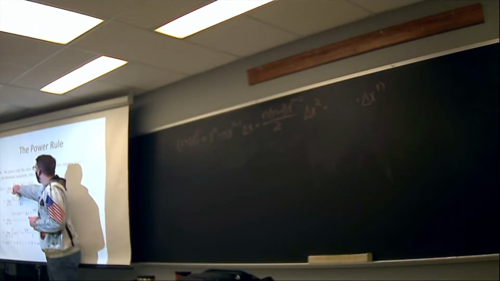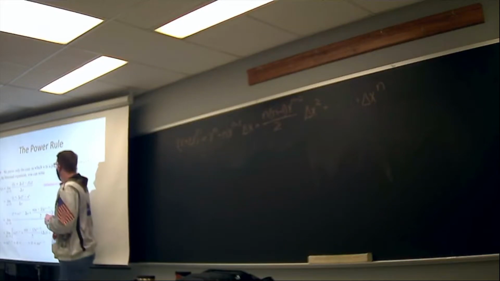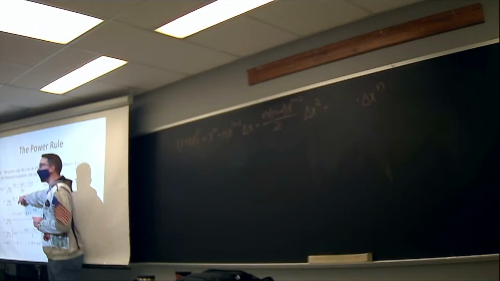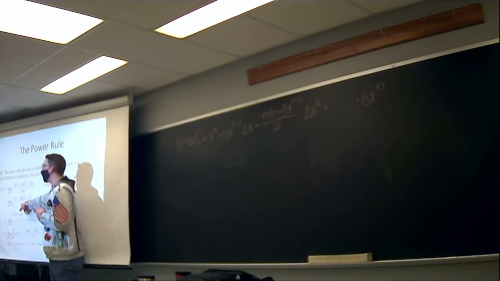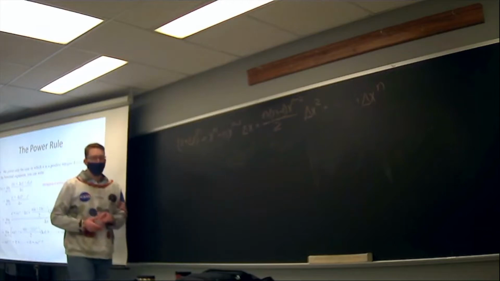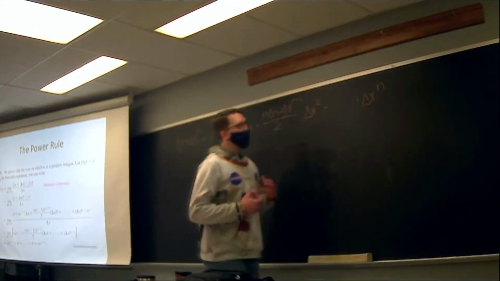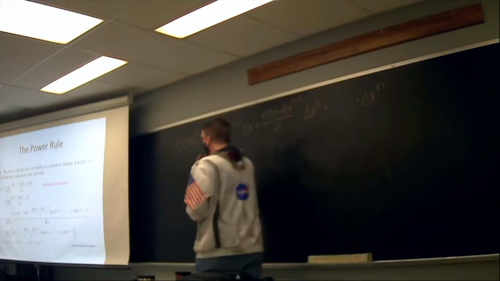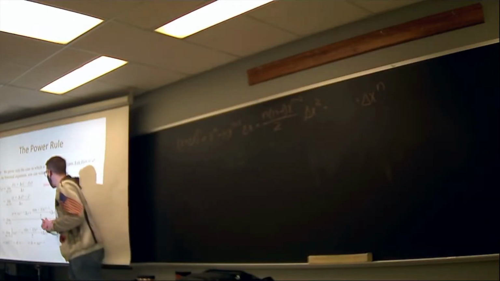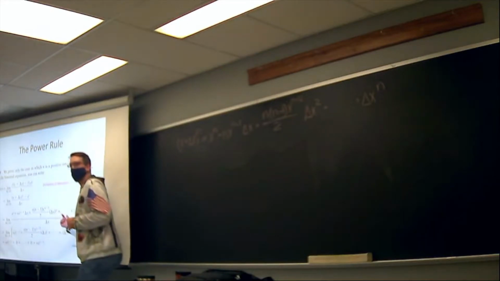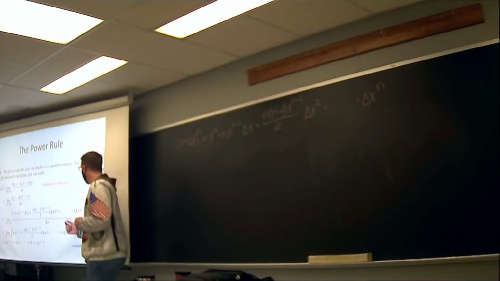Then x plus delta x to the n expands out with what we just looked at, right? And we're going to subtract x to the n, divide by delta x, apply the limit. So we move through all of this and we say, hey, all of these delta x terms are going to be in each of these terms, right? That's what I was trying to say a second ago.